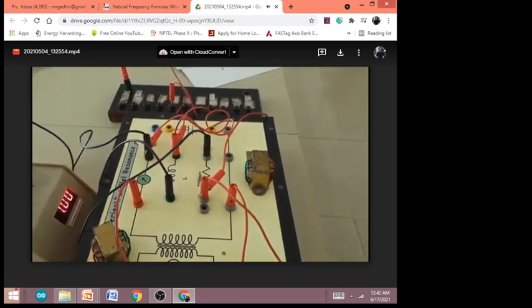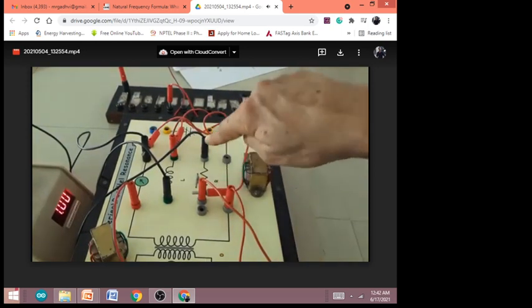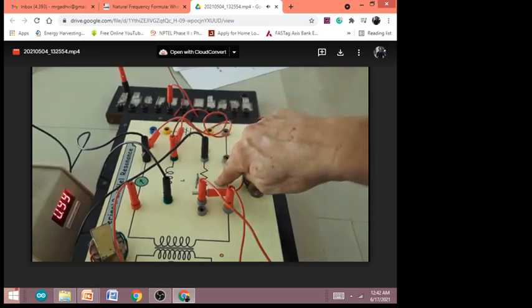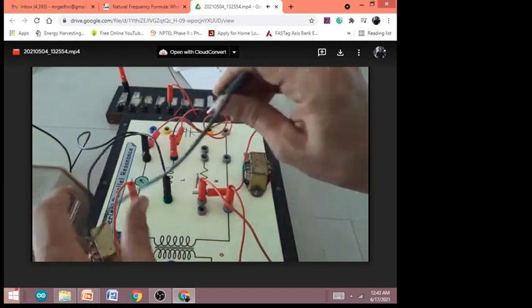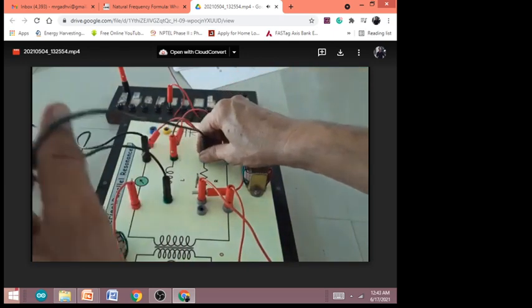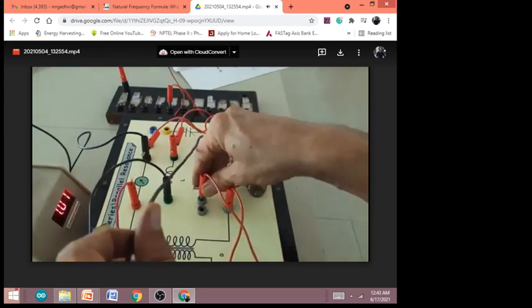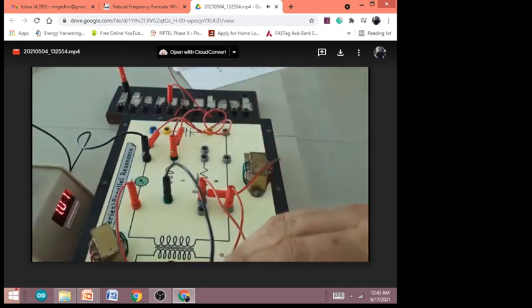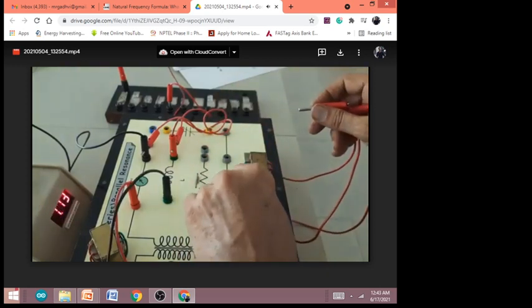The part 2 will be allow us to bypass the value of R, because in the first part R is equal to 100 ohm, in the second part R is equal to 0. So R0, that means I need to remove the R. To remove the R, the first terminal of R will be okay, but where it is connecting via R, so I will bypass this R and directly connect it to the supply.